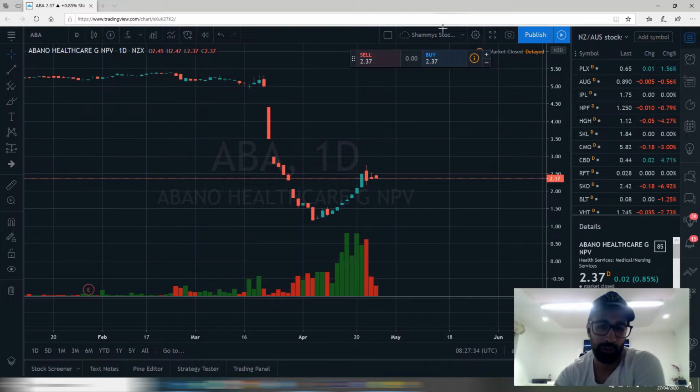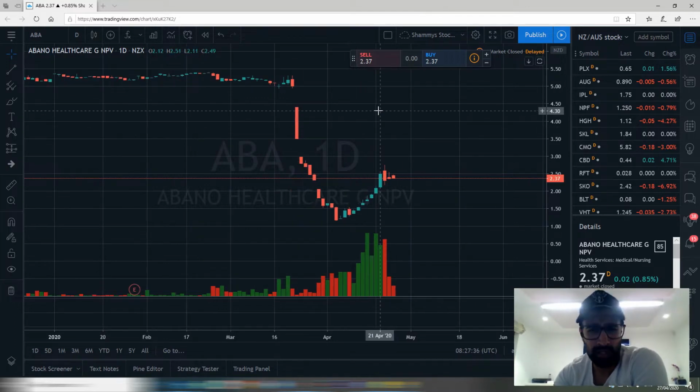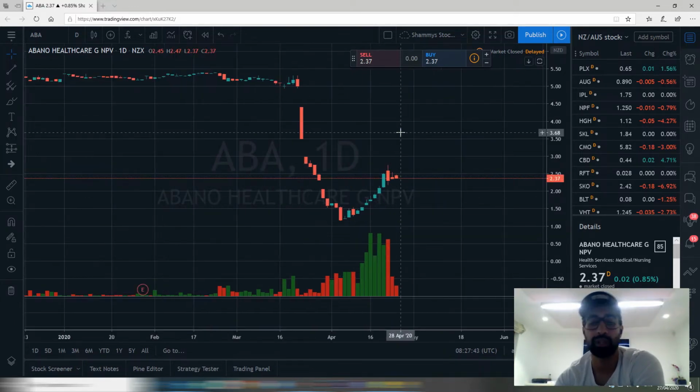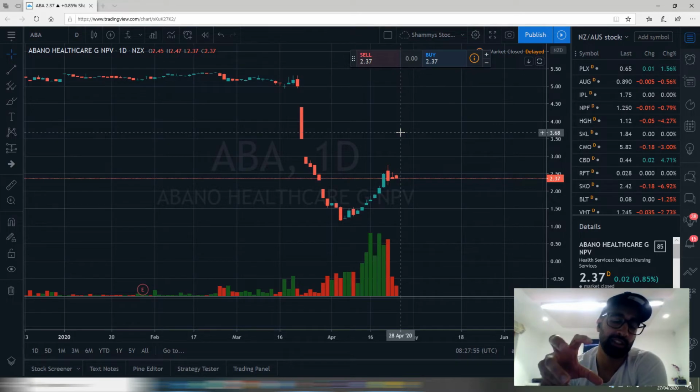If we look at this chart, I've taken off all my indicators: my moving averages, my stochastics, my Bollinger Bands, because simply, indicators are not that important. They're more like secondary tools that we use to confirm price action. When you're looking for a trade, you want everything to be in your favor.